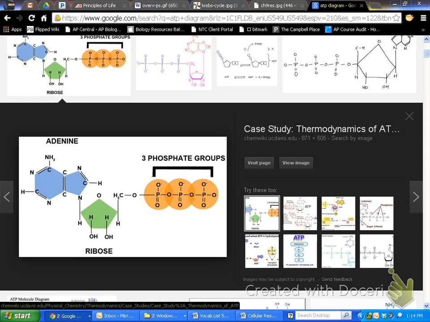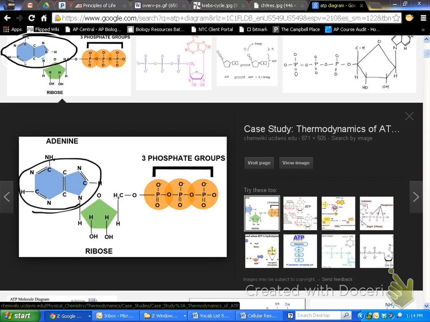Now, the question was, what does ATP look like? This right here is ATP. If you notice, there's basically 3 parts to it. The A stands for adenosine, which is right here. You don't have to write this down.